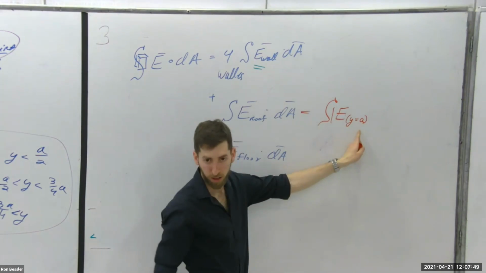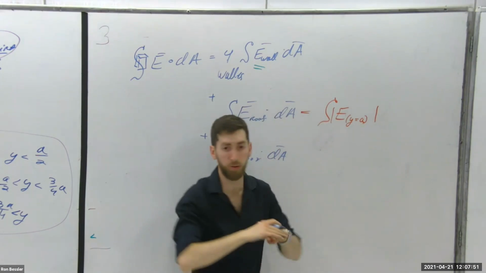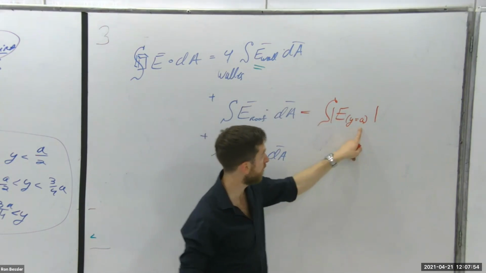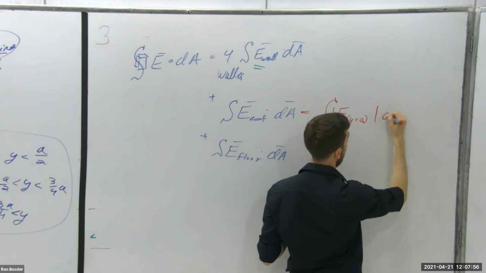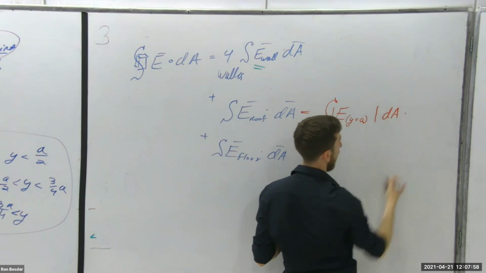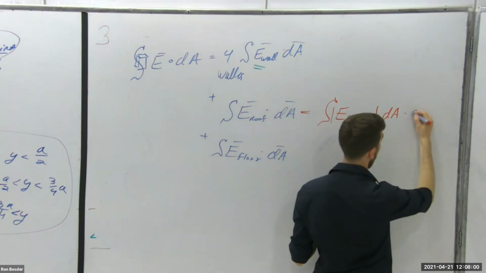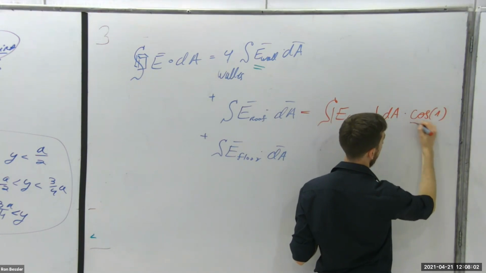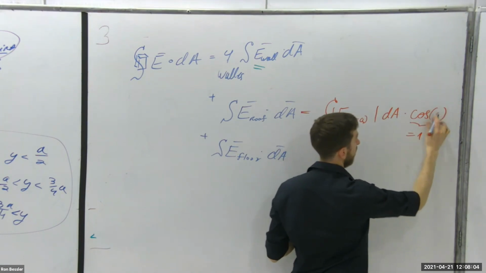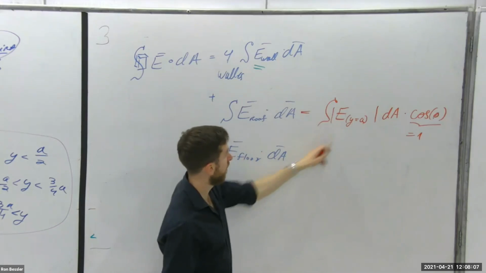Y equal A, right? It's only one value of electric field. Okay, Y equal A. And we have dA, and we have a cosine of 0, which means it equals 1.